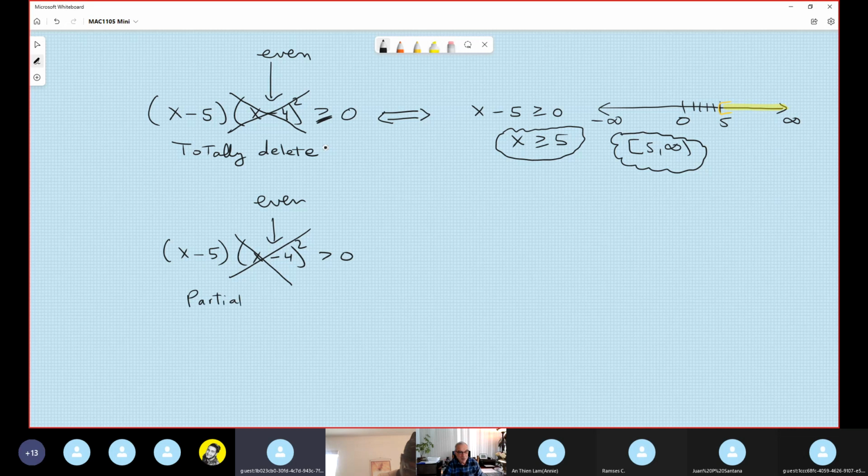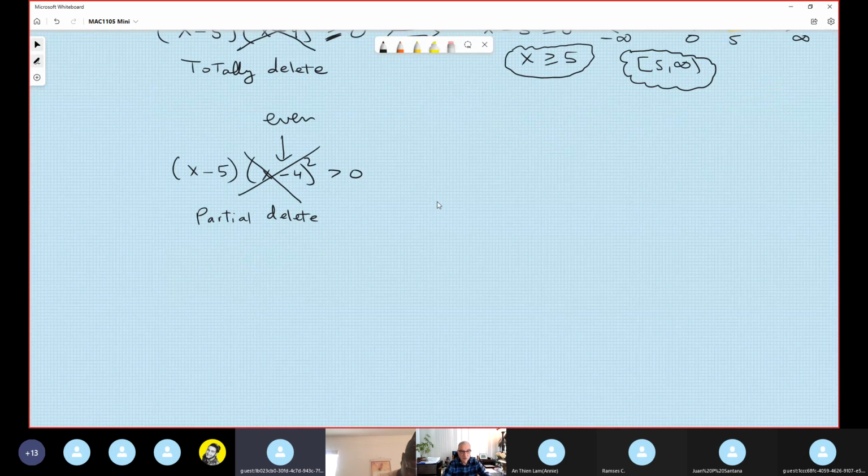Let me explain this again. Partial delete. Why partial delete? Because you solve that problem. For example, in this case, no. Another is more interesting. Look. Forget about this for a moment.